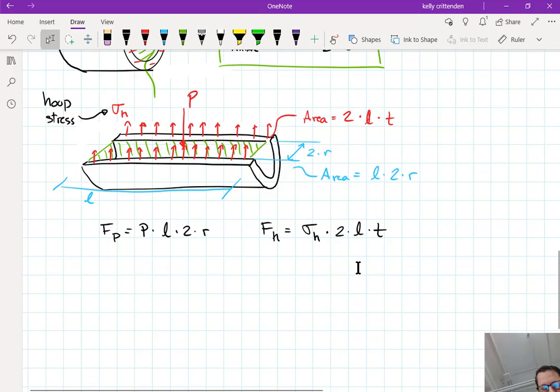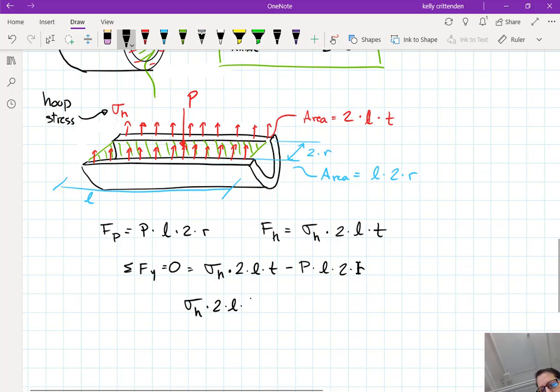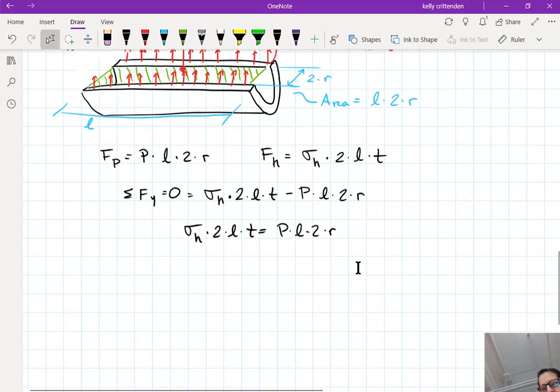And I do a summation of forces, maybe in the y direction, so sum of F_y equals 0. And I have the sigma H going up the way I drew it, so sigma H times 2 times L times T, and I did the pressure pushing downwards, so minus P times L times 2R. And I can set those equal: sigma H times 2 times L times T equals P L 2R.